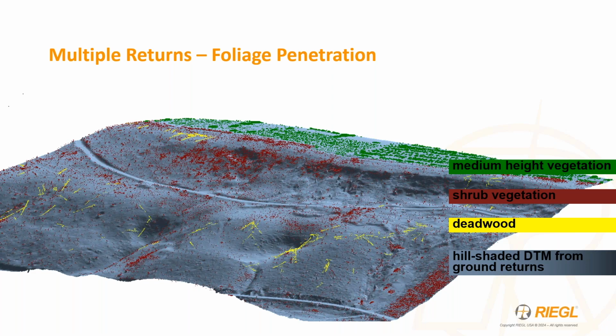So not just the trees, but also some shrubbery, some medium vegetation, some other plants, flora underneath, able to even identify that there's deadwood under this forest. And then if you take that away, you're also able to create your DTM from the ground return. So this is really beneficial just from your terrain, capturing it with the LiDAR.